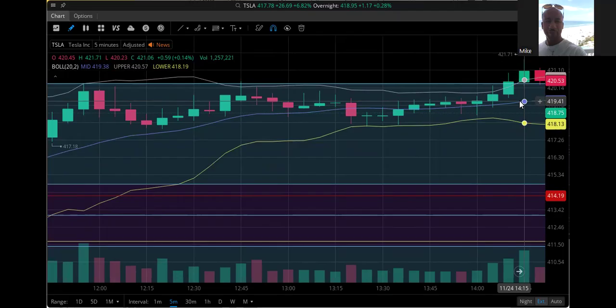I know why this doesn't look exactly like what I had today, because I was actually doing this on the option chart, not the stock chart. This is a stock chart. But that's okay.